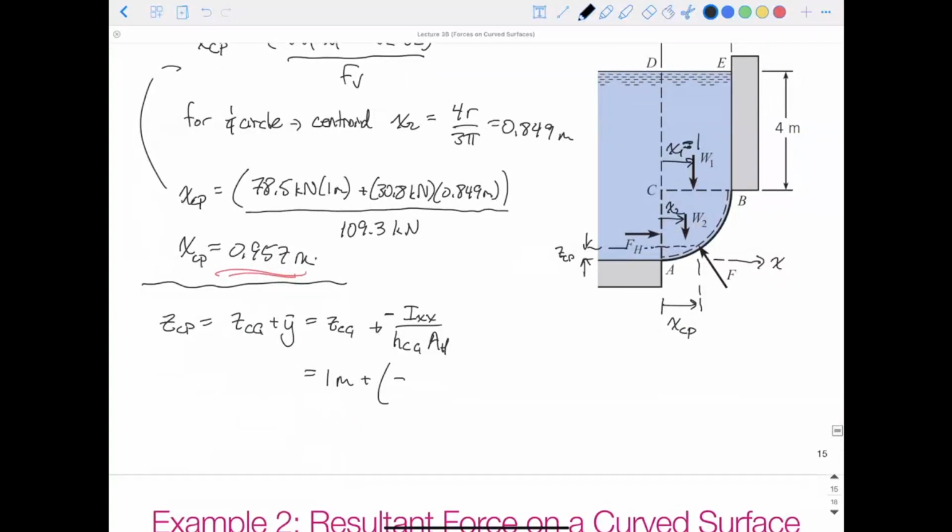So IXX for that rectangle shape, when we look at that side view, is width times length cubed divided by 12. So we have a width of 1 into the page, a length of 2 meters tall, to the power of 3, all divided by 12. And then this is divided by the height h to the center of gravity, which is 5 meters in depth, times the area, which is 2 meters squared.